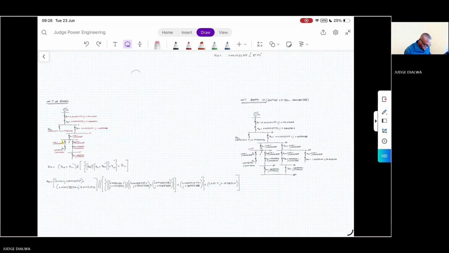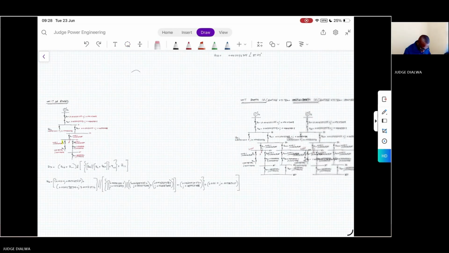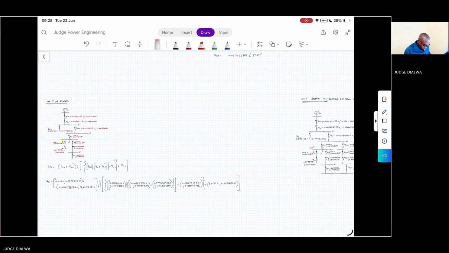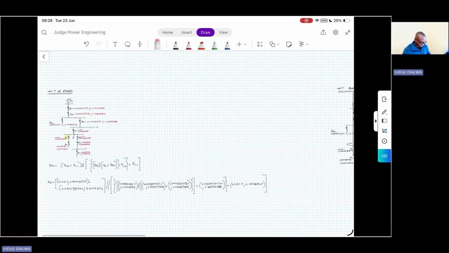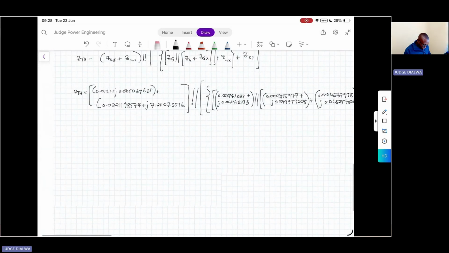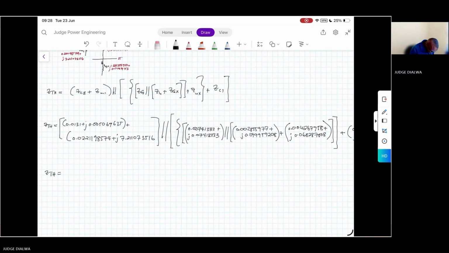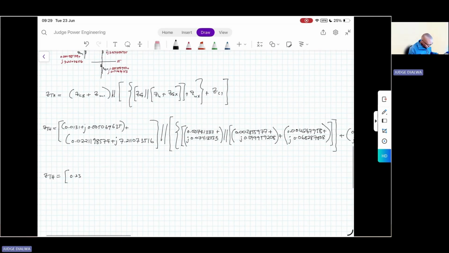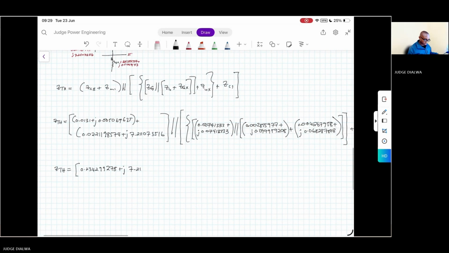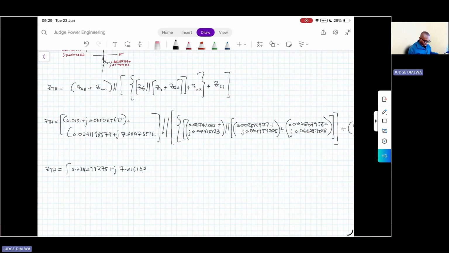So this here is our entire equation. So when you solve that, the series combination of our cable 3 and our feed motor pump should give you 0.234299278 plus j 7.216143151.